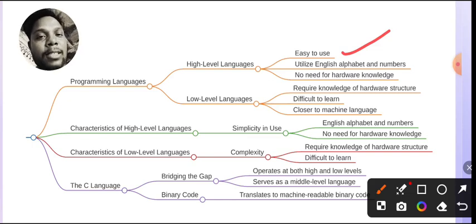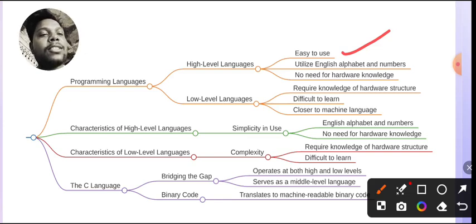High level language uses English letters, English alphabets, as well as numbers, and there is no need for hardware knowledge. There is no need to know what kind of hardware is used or what kind of hardware performs the action. You just need to know about English alphabets, numbers, and other special symbols.